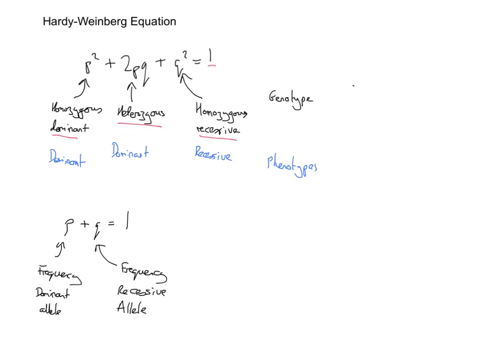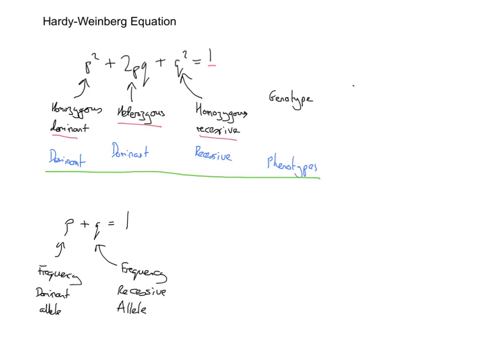If we return briefly to the beginning slide, it's important to remember the key to answering any question on the Hardy-Weinberg equation is to think, which data am I being given? Am I being given the characteristic? In which case I'm thinking along the lines that I've just underlined.